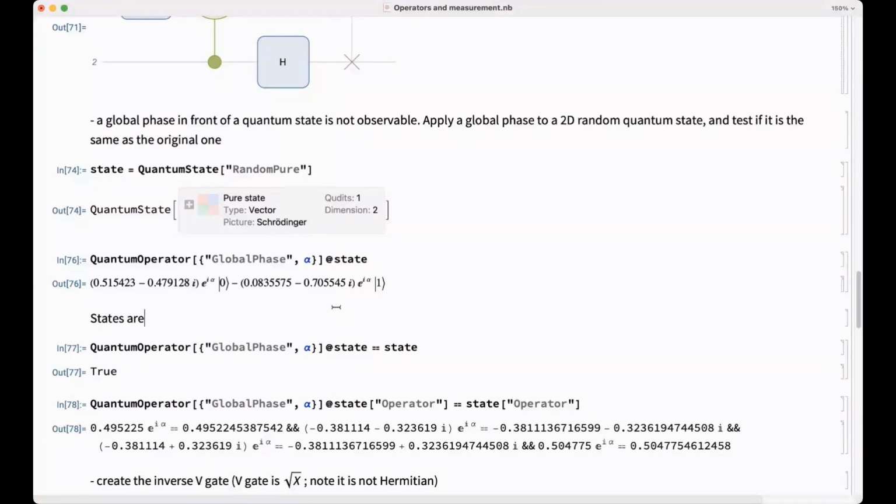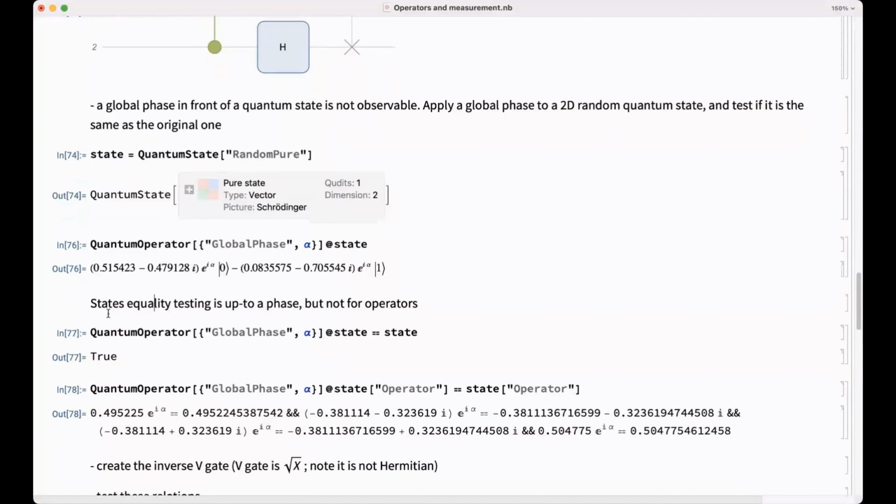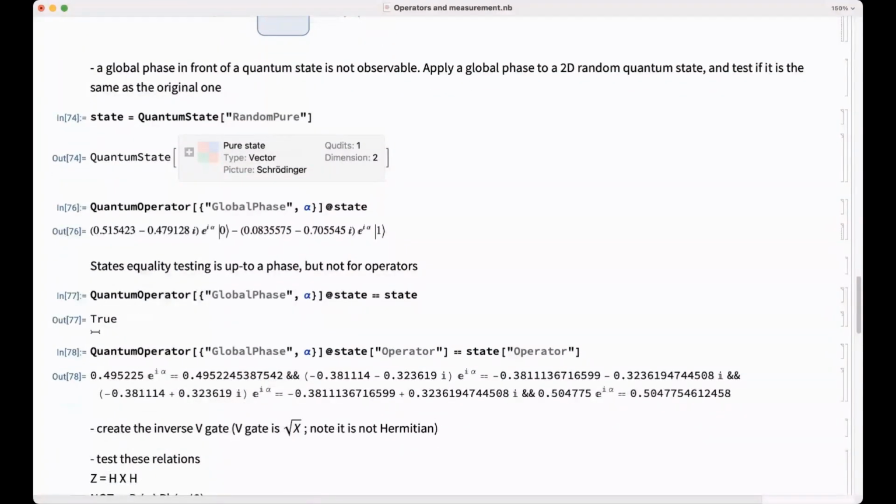The reason that people do that is only because at the level of operators we know that they're different. Exactly what Nick is showing here. When you're comparing the operators, the formulas for the operators are the same, but because an overall phase on top of a quantum state is not an observable, many times people just don't care about it.